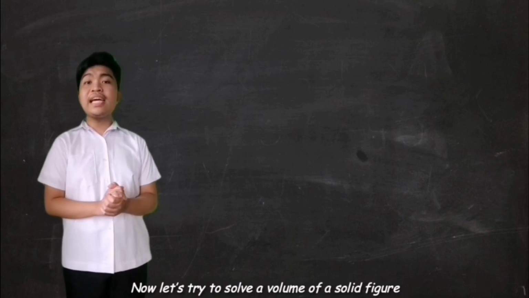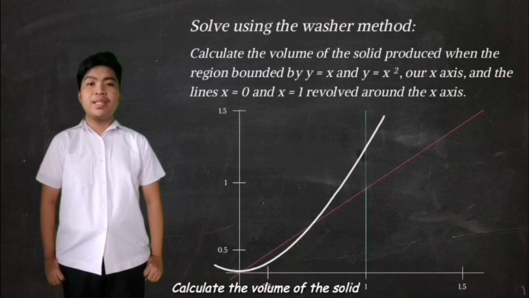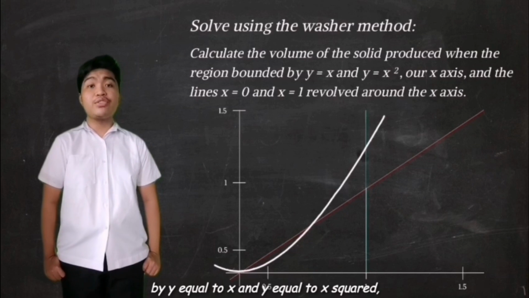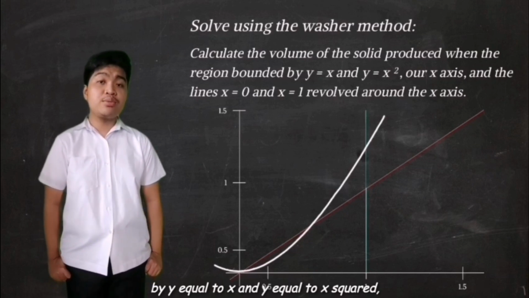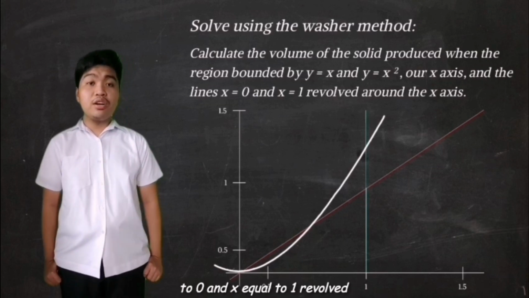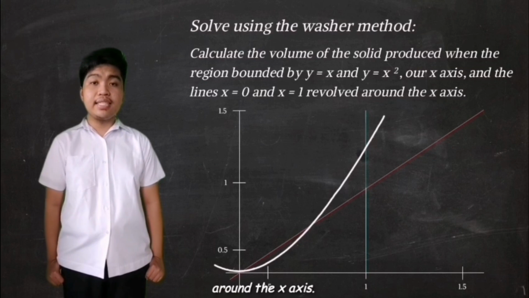Now, let's try to solve a volume of a solid figure using the washer method. Calculate the volume of the solid produced when the region bounded by y equal to x and y equal to x squared, the x-axis, and the lines x equal to 0 and x equal to 1 revolves around the x-axis.